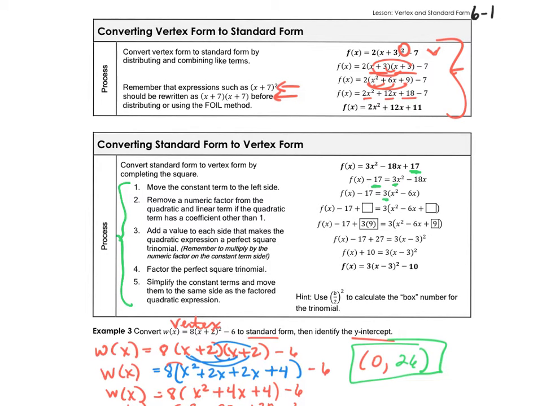To complete the square, you take your negative 6x or your negative 6, and you're going to half it. So when you half it, you get negative 3. Negative 3 is what goes right here in your perfect square. So always go ahead and write that down because I already found it. So I take the negative 3 and then I square it, and that gives me 9.